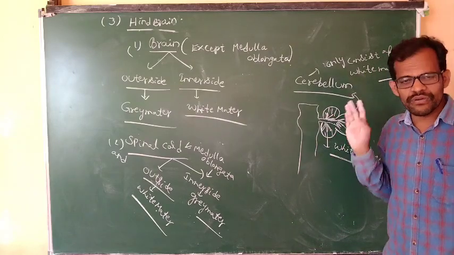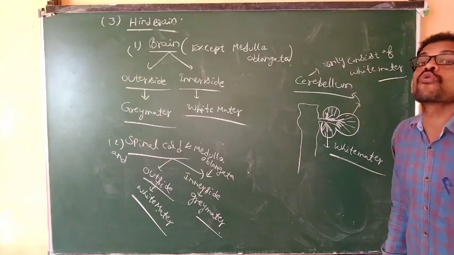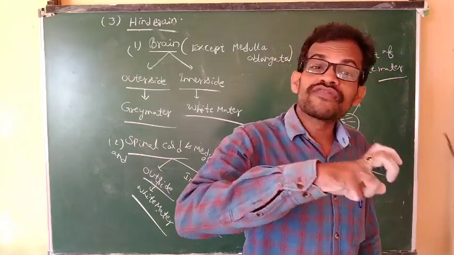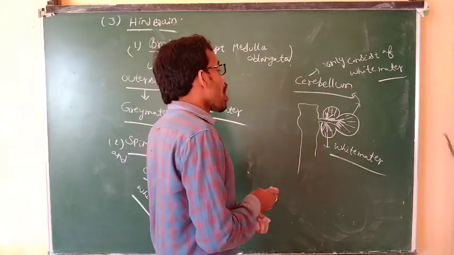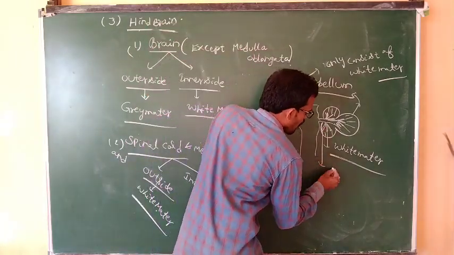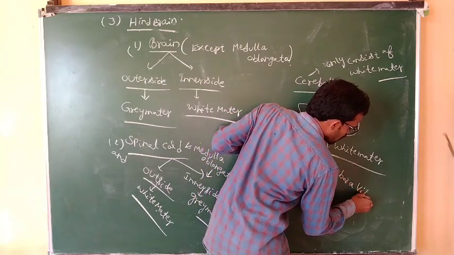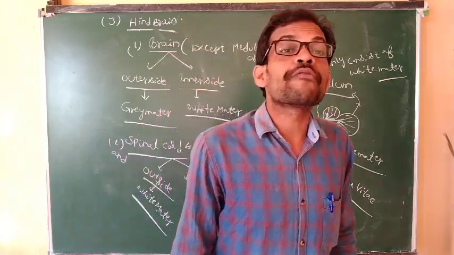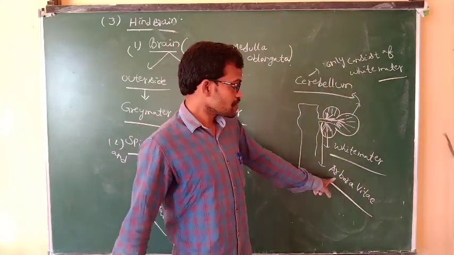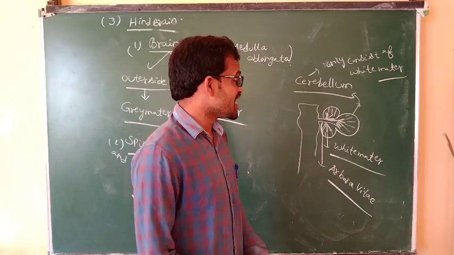This tree branch is nothing but white matter. This distribution of the white matter in the entire cerebellum is known as the arbor vitae. The white matter distribution is first identified by this arbor vitae.